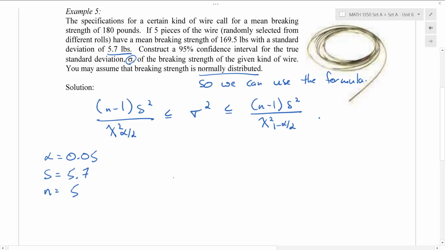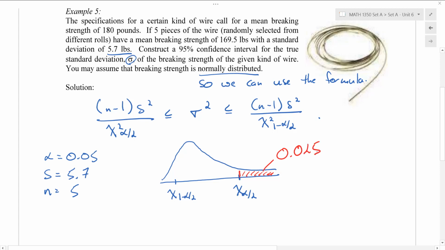Let's draw a schematic here of the chi-squared distribution. So it's some kind of skewed distribution like this. We're interested in a particular value chi-squared alpha over 2, as well as a particular value chi-squared 1 minus alpha over 2. These two values will have the property that the area they section off should be 2.5%.